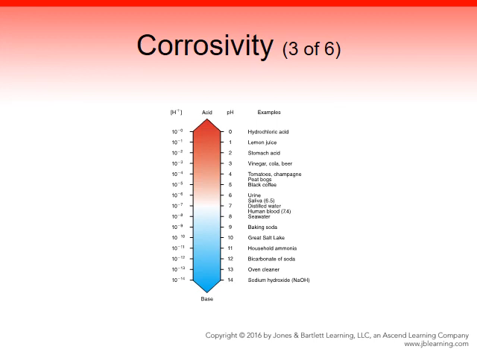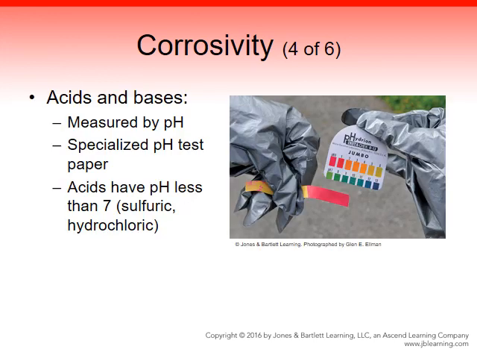Hydrochloric acid has a pH of 0, meaning it's very acidic, and sodium hydroxide has a pH of 14, which is very, very basic, or alkaline. Acids and bases are measured in pH, and you have specialized testing papers that are used to determine the actual pH level. 7 is considered neutral.